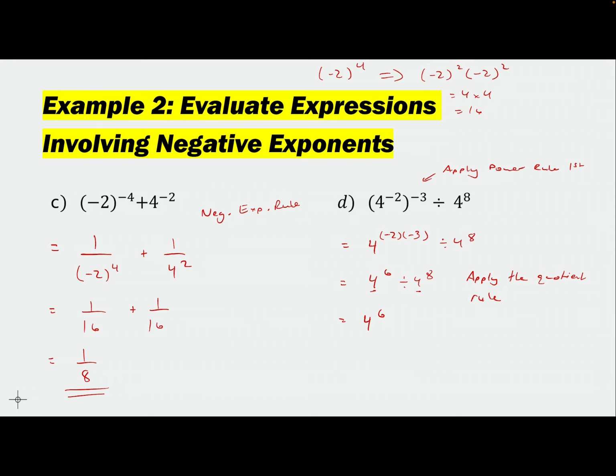So we're going to have 4 to the 6 minus 8, which gives us 4 to the negative 2. Okay, and then I got to apply the negative exponent rule one more time. So I get 1 over 4 squared, which is just equal to 1 over 16.